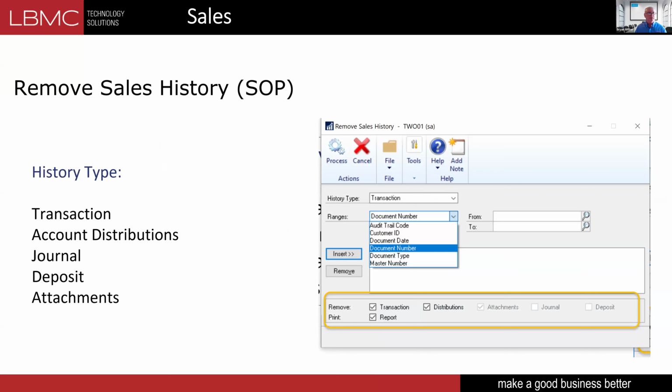When it comes to the subledger, sales order processing, which feeds up into accounts receivable or the receivables management module, same idea here. We can take out transactions, account distributions, the journal history, deposits. So in SOP, you can take a customer deposit on an order or an invoice, and then the document attachments.